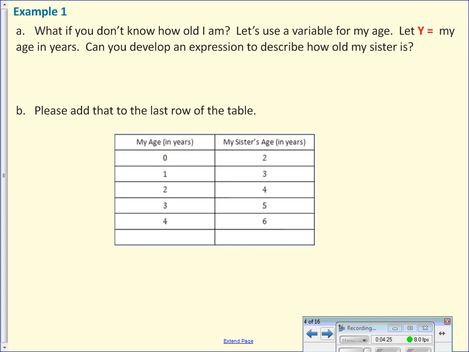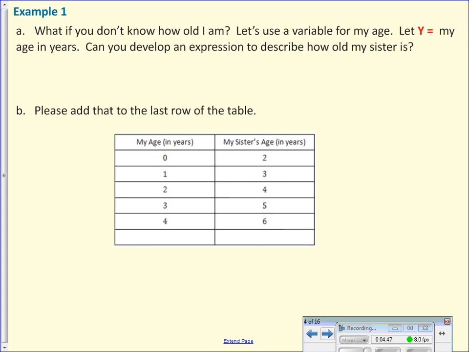What we can do is come up with an expression using the variable y for years. So let's add a row to the table. I believe it's drawn for you on the next page. Page 83, top of page 83. So instead, suppose I'm 45.